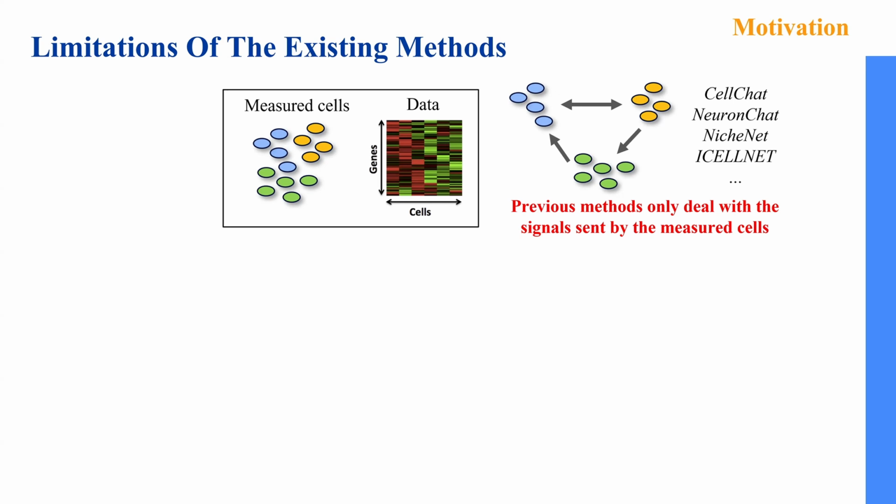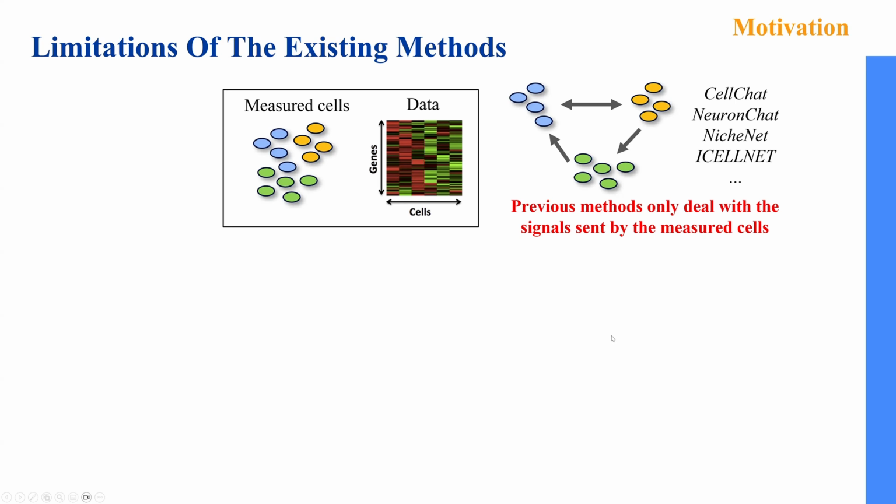Some may have very high resolution, even single cell resolution cell communication, and some methods can combine the spatial information to infer the communication. But all these methods only deal with the signals sent by the measured cells, so they can only infer what they have in the data.